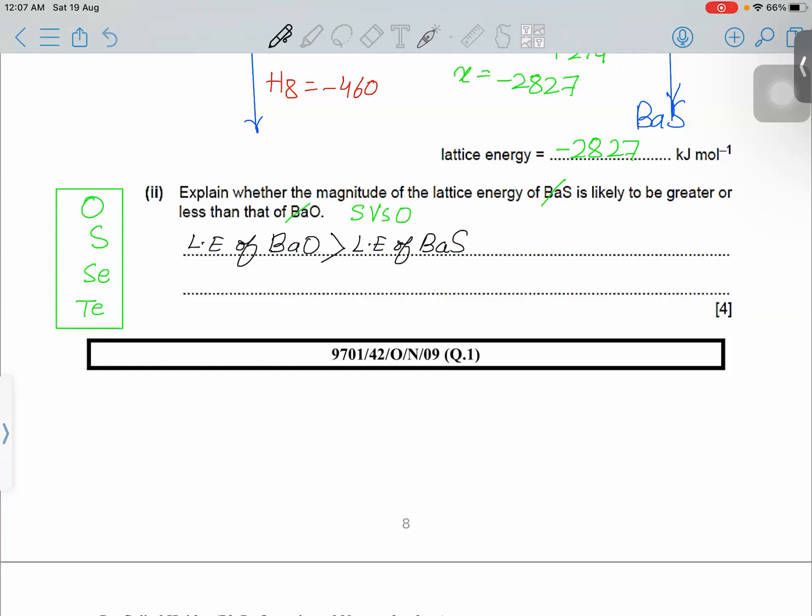Can you tell me why? The size of O2 minus is smaller than S2 minus, so the forces of electrostatic attraction will be greater.